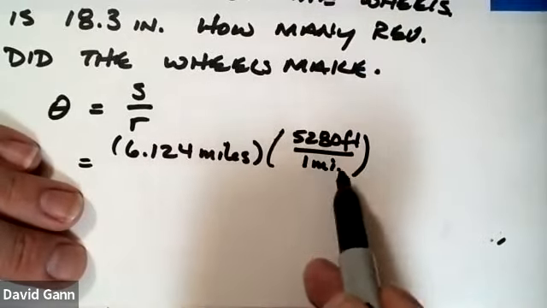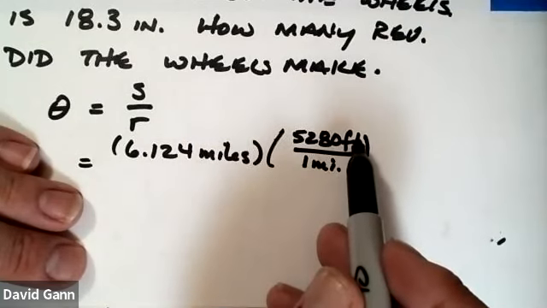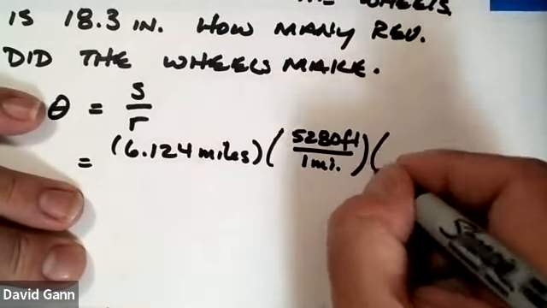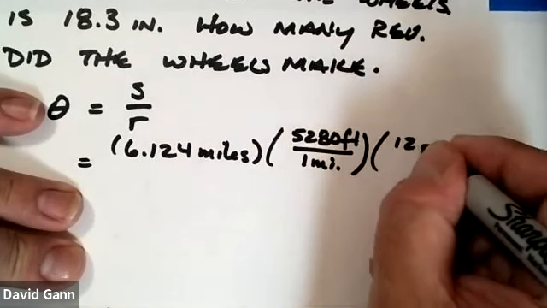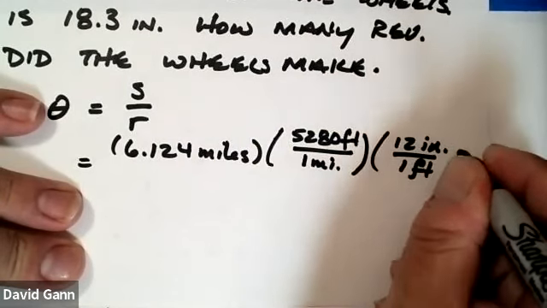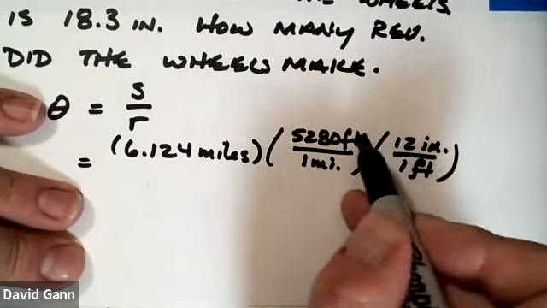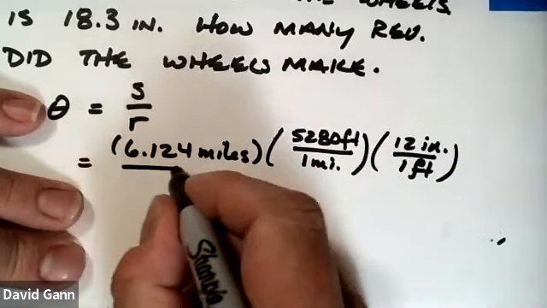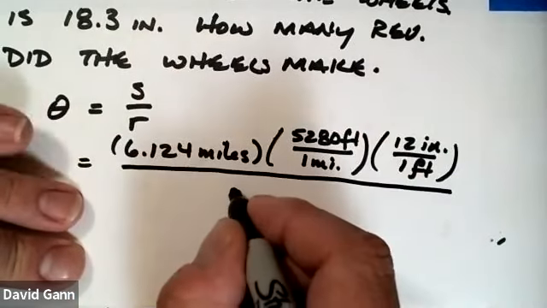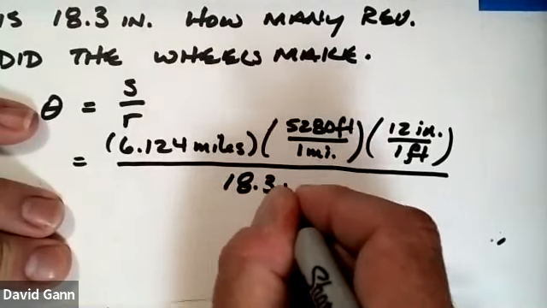Now the miles will cancel out, one in the numerator, one in the denominator. Feet is what I'm left with. One more step, 12 inches, the unit I want to get into divided by the unit I want to get out of. And then the total number of inches is 18.3.